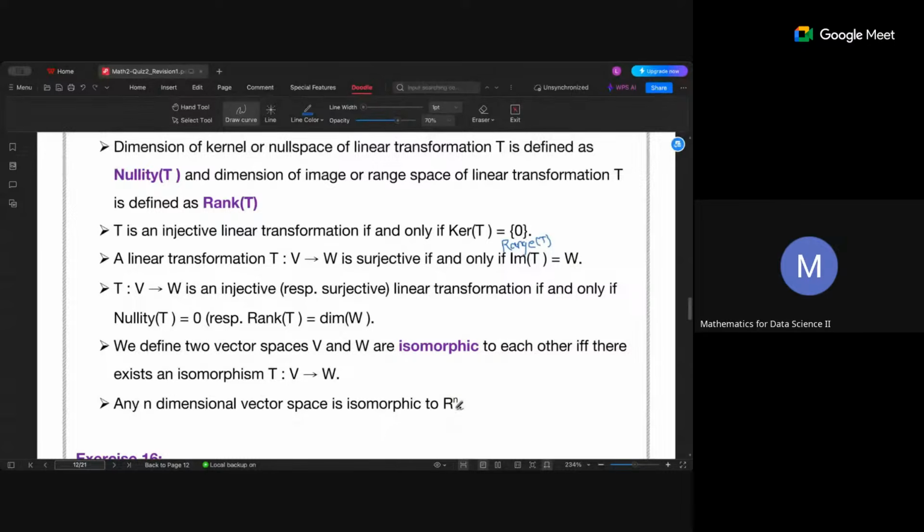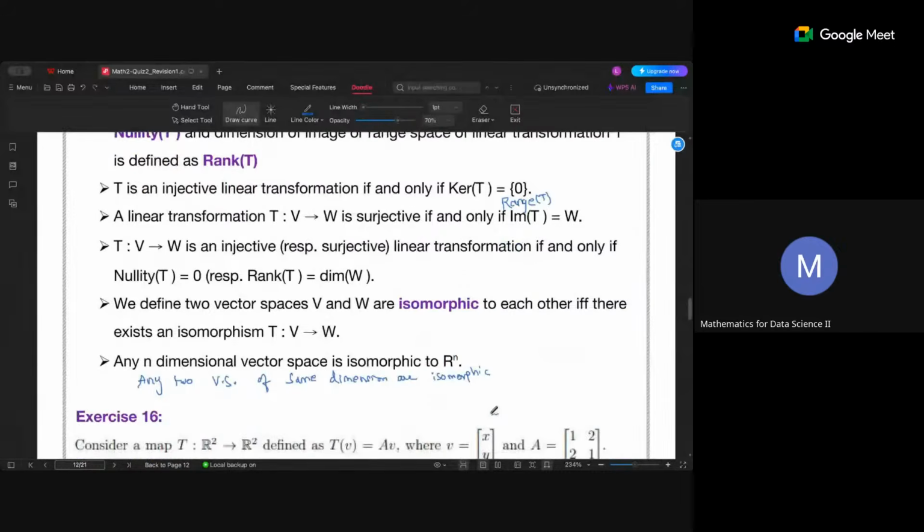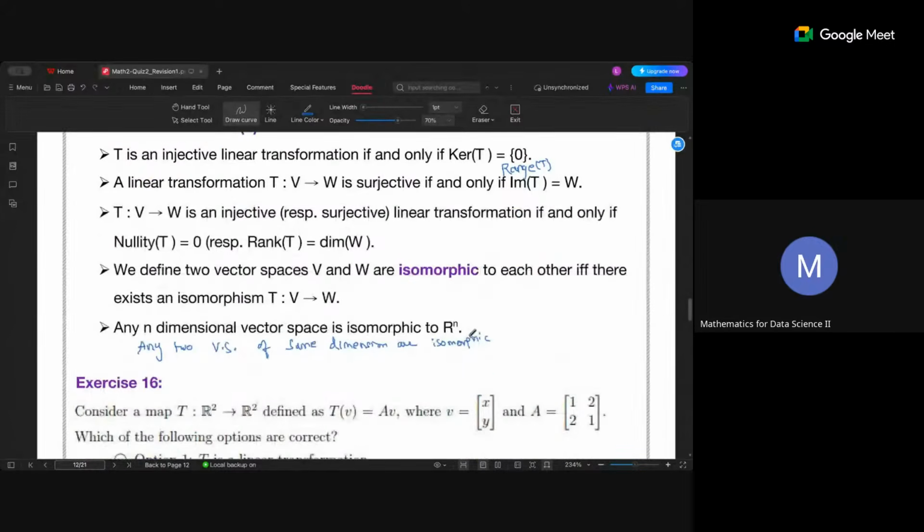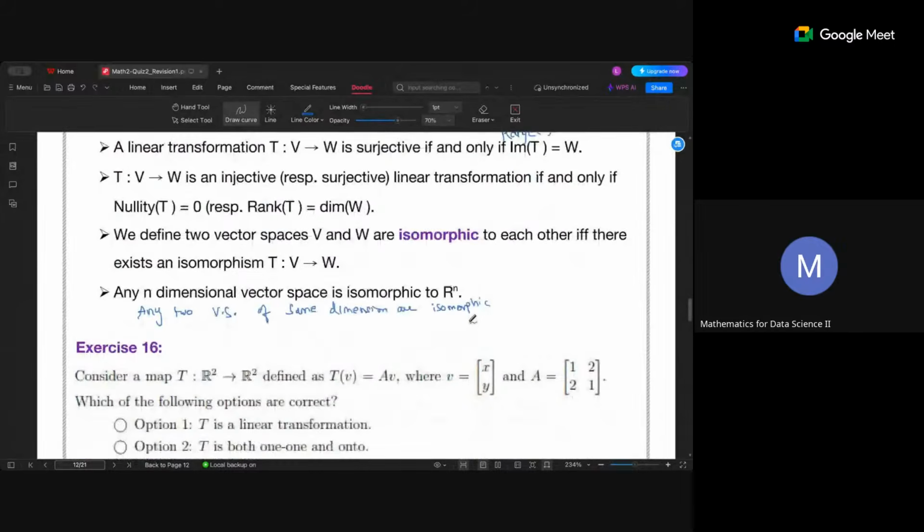In fact, a more general statement is that any two vector spaces of the same dimension are isomorphic. I have given some proof of this in some of my live sessions. If you want, you can go back and check.